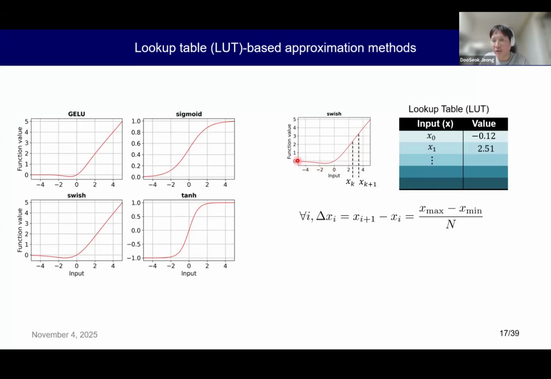On the left hand side, when the input is large on the negative side, it's almost zero, right? So it's good if you have the uniform distribution. But on the right hand side, the smaller the bin size, the better in terms of precision. But on the left hand side, it doesn't matter. So in this way, you have a certain redundant use of memory for this lookup table, right?